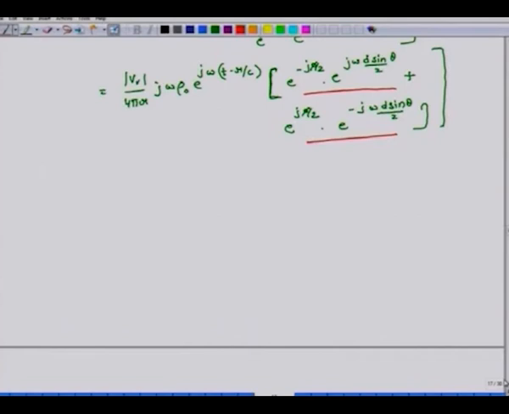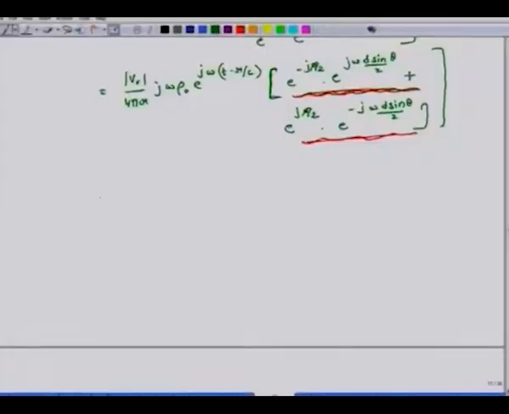We know from complex algebra rules that if I expand these two terms in terms of cosines and sines, the sine terms will get cancelled and we will be left with only cosine terms.